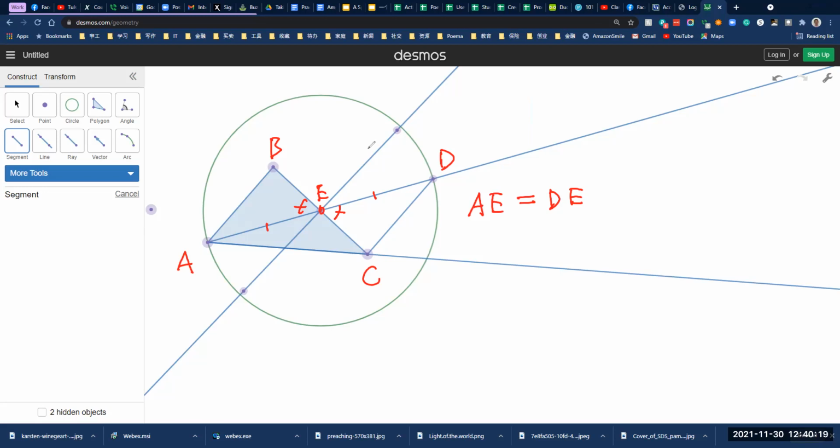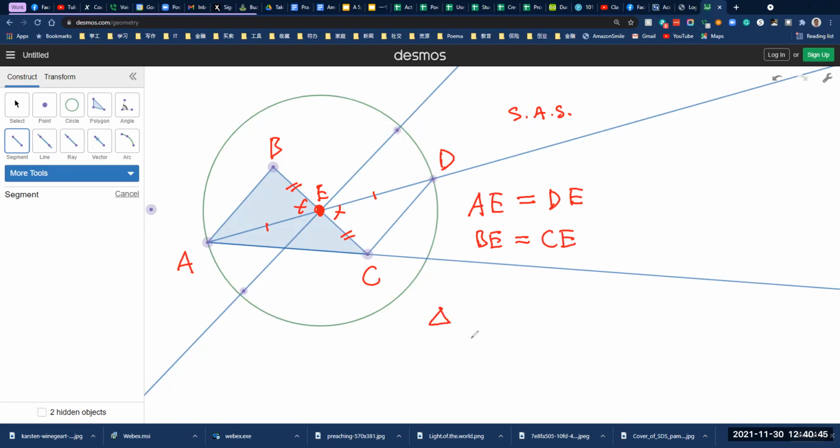And also we know BE and EC are congruent, because that's what we did. This is the middle point, right? So therefore we've got side, angle, side. Then we have two congruent triangles.